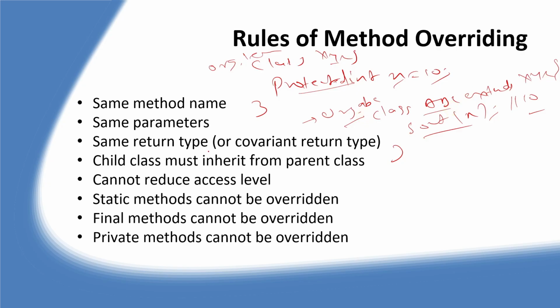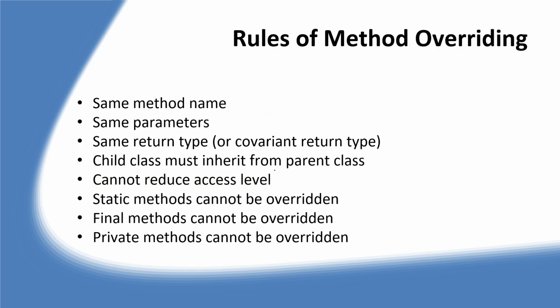So these are some of the rules. Here it is saying, in the case of method overriding, let's say we have a parent class and we have defined, for cannot reduce access level, protected int x equal to 10.